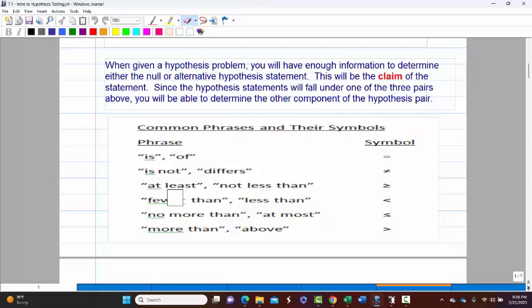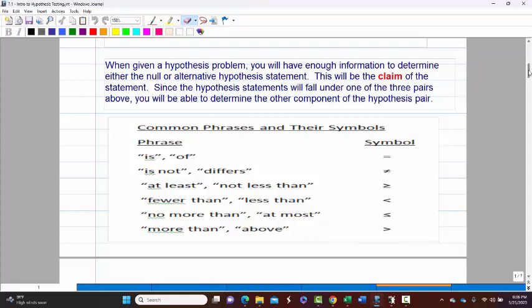So you have to realize at least is not the same thing as greater than, because at least includes the value. Fewer than, less than, I think that's pretty straightforward, it would just be the less than symbol. No more than, or at most, will be less than or equal to. And then more than, greater than, above, would be greater than.